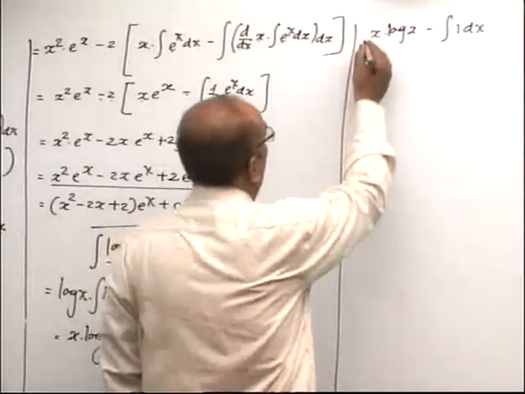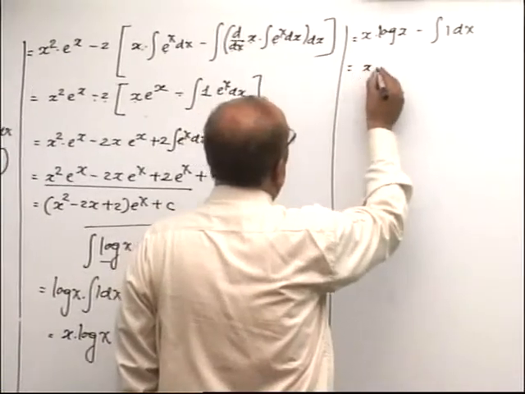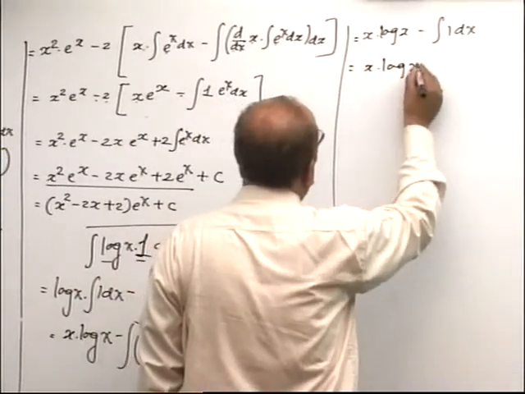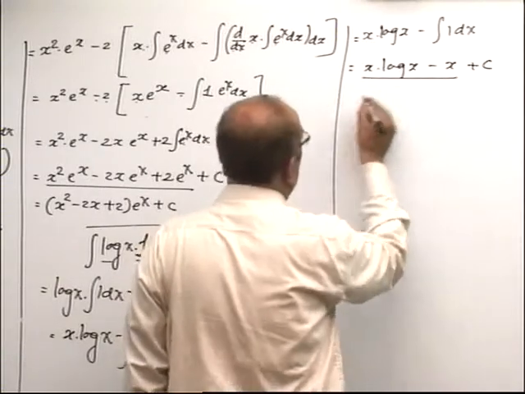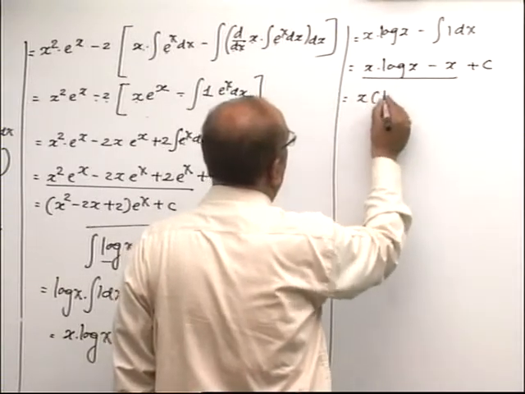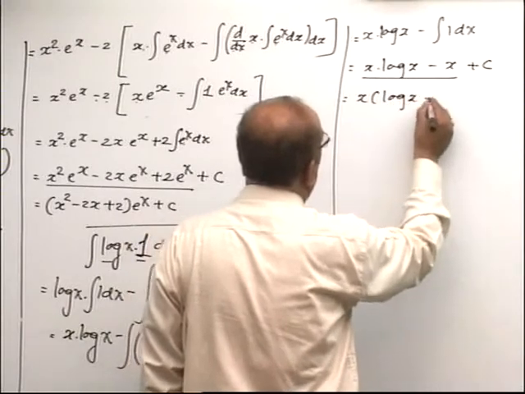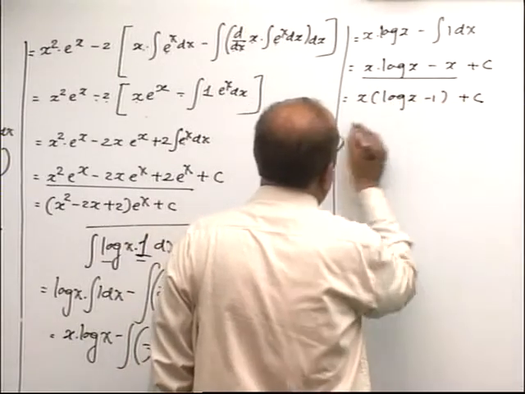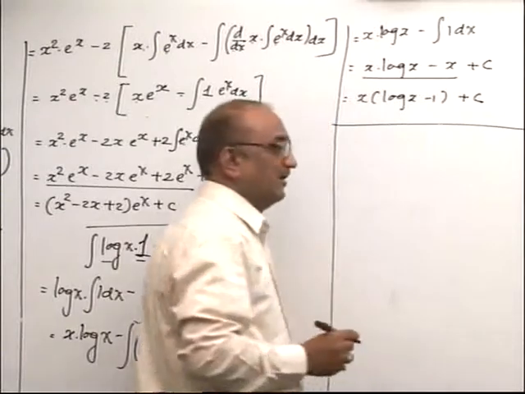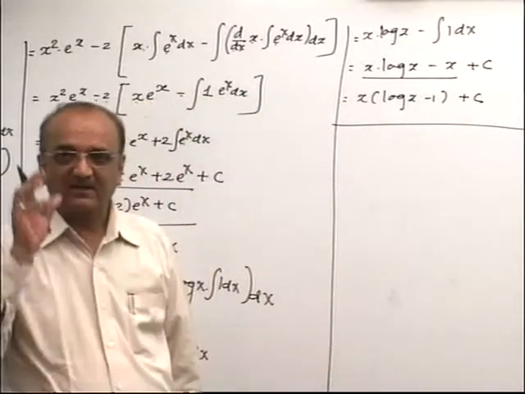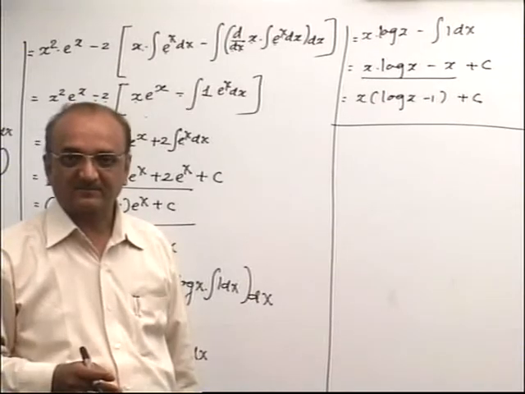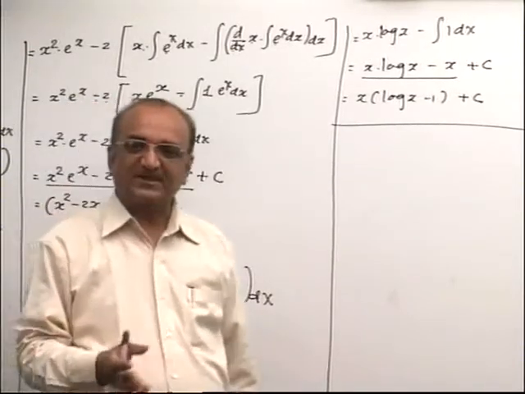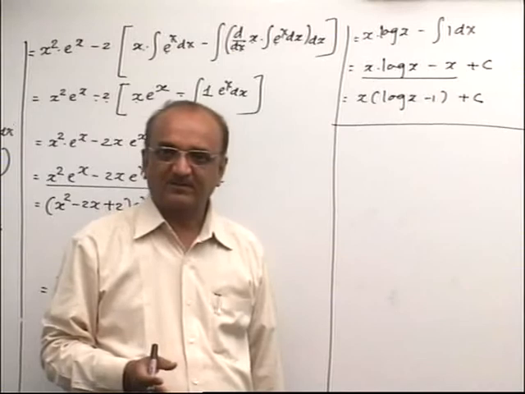Now what to write? x into log x minus x plus c. From these two terms you may eliminate x, and we can get it this way: x into bracket of log x minus 1, plus c. This we can get as the option. Still the method of integration by parts continues.